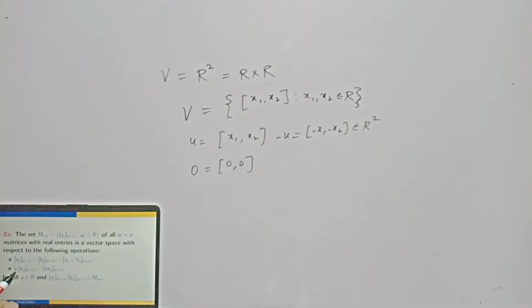This is ordinary multiplication in matrices. You can see this a is multiplied with each a_ij entry of the matrix, isn't it? So this is the usual addition of matrices of order m cross n. This is the usual multiplication in matrices.